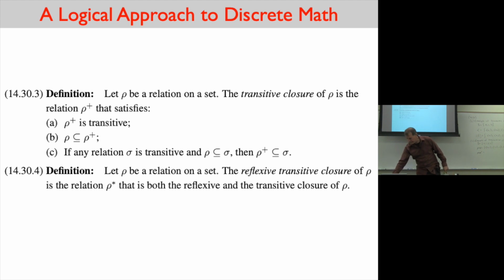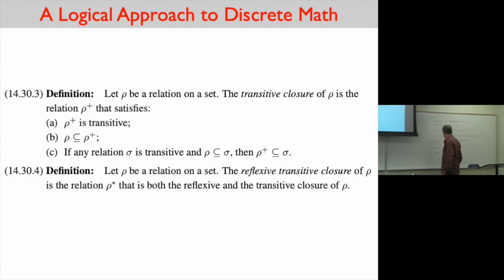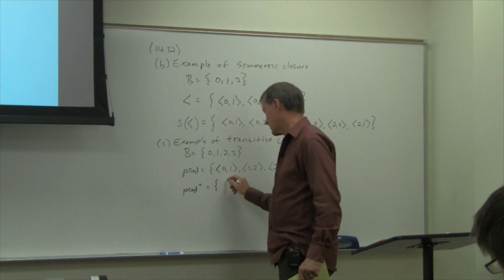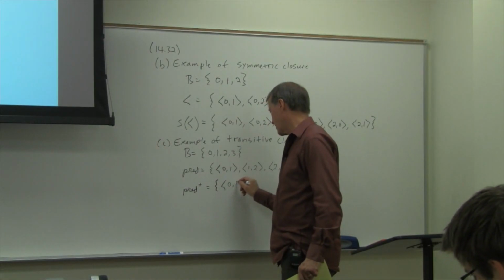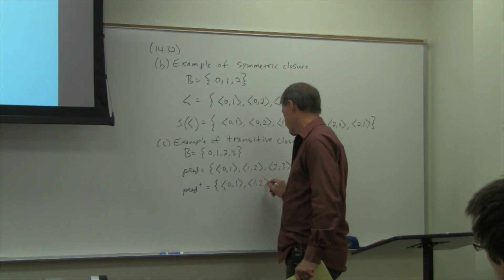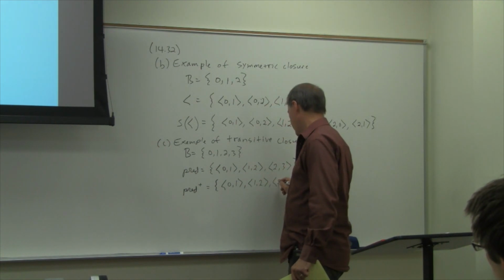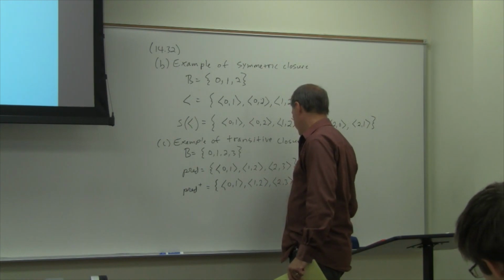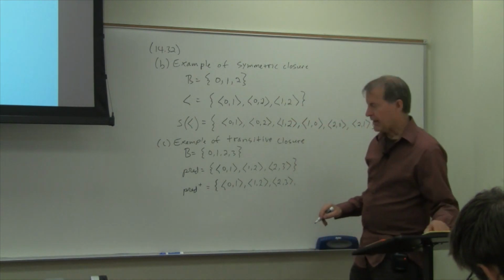We need those original ones: 0, 1, 1, 2, and 2, 3. But now this is tricky. Then we need 0, 2, 0, 3, and 1, 3.